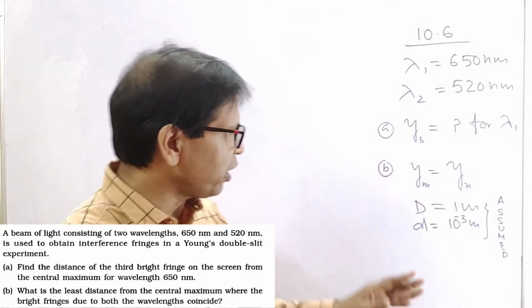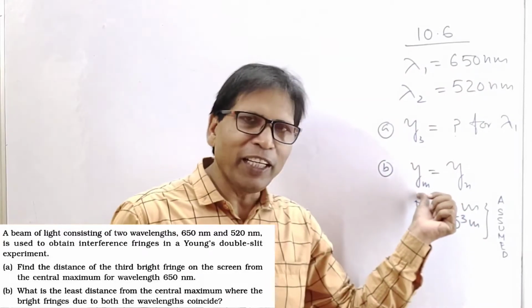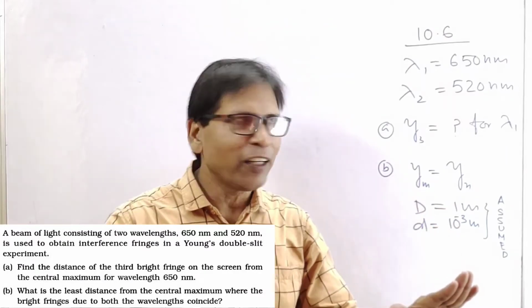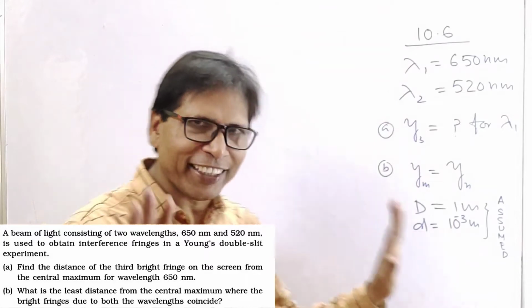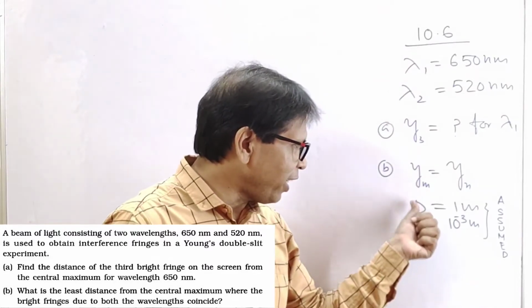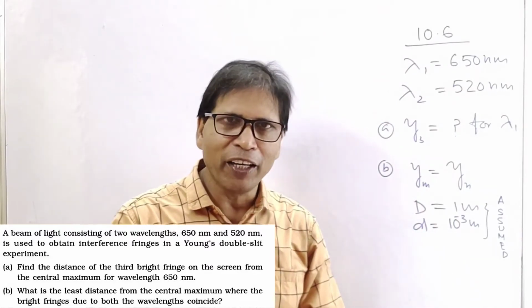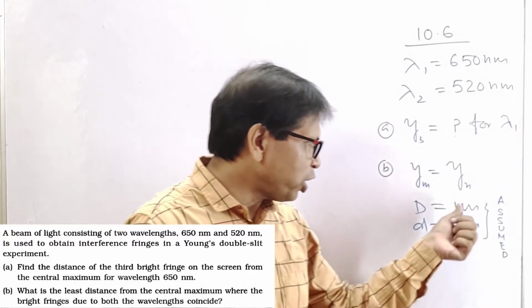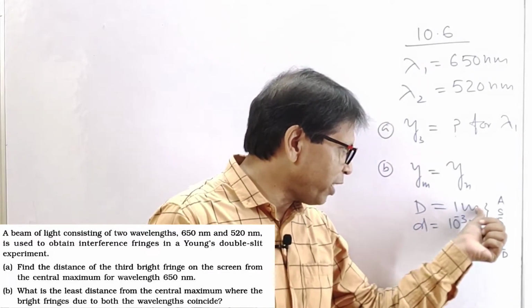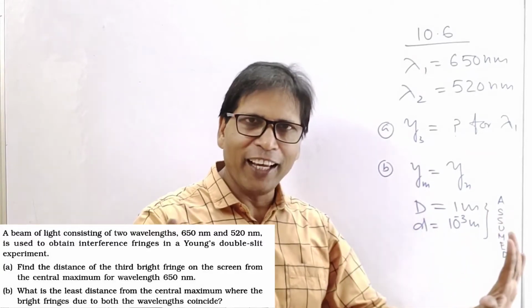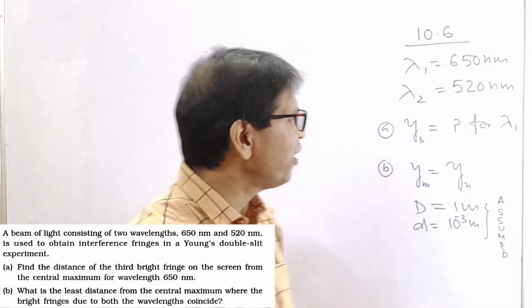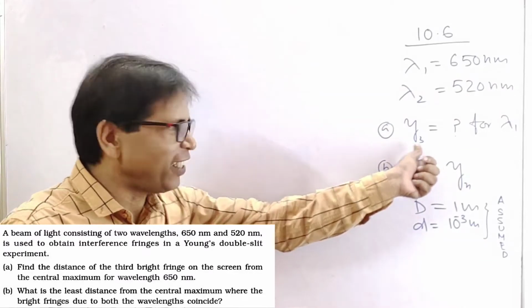And second question, find the minimum distance from the central fringe where the bright fringes of the two colors coincide. Here capital D and small d are not given, so we assume capital D equals 1 meter and small d equals 10 to the power minus 3 meter. Okay, now first question. So first of all, look at this, y3.